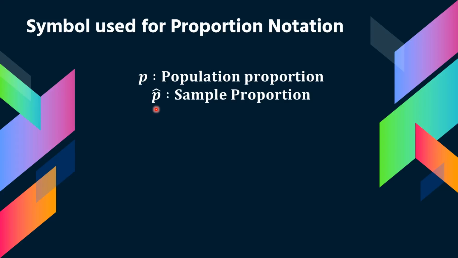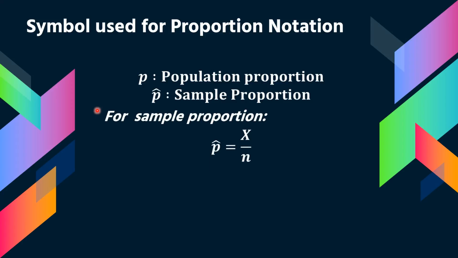So P hat stands for the sample proportion. For the sample proportion, P hat is equal to X all over N. So X is the number of the data being described in the problem. N is the sample size.